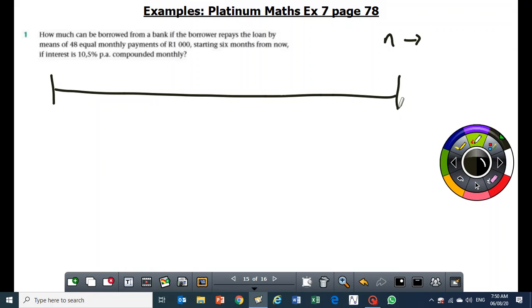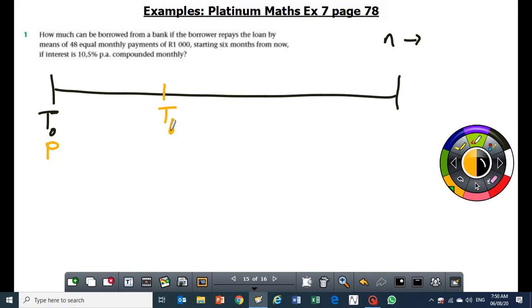It's very surprising that I did this question last year. But okay, obviously at T naught here, that's when the money was borrowed. A certain amount was borrowed there. Then 6 months from there, here, we have got T6.